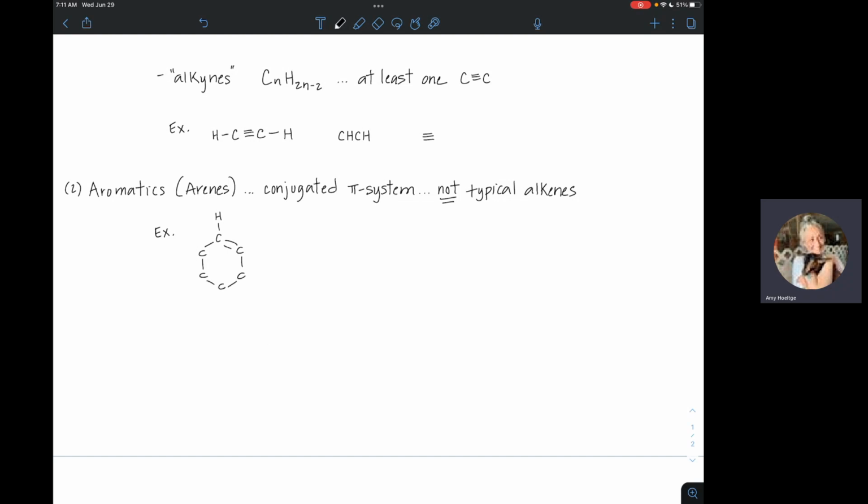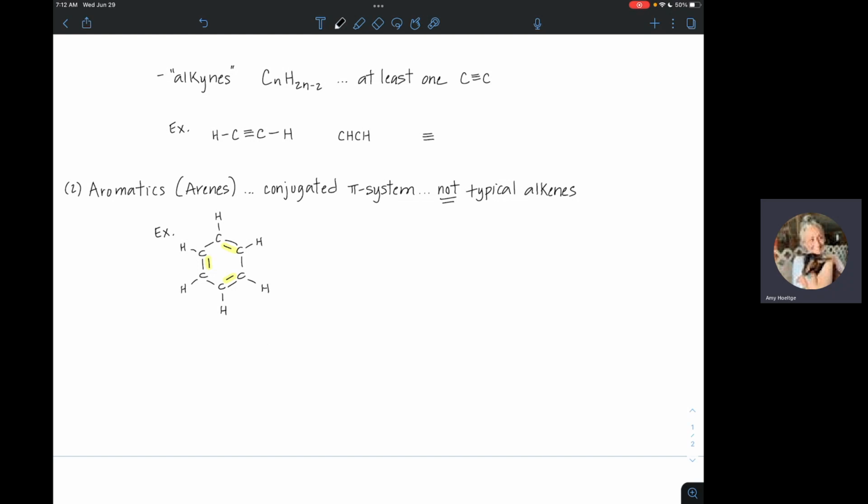Nobody wants to draw this over and over again. And you can imagine the more substituents we have on the molecule, the bigger of a pain it actually is. So see how we have every other carbon-carbon bond is a double bond? That is not a typical alkene.